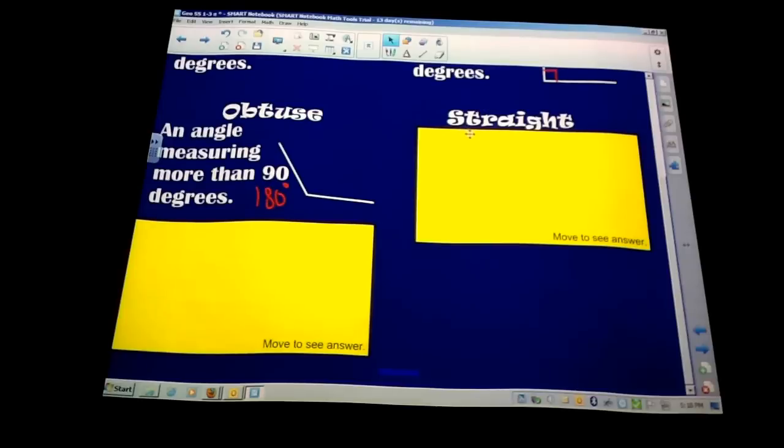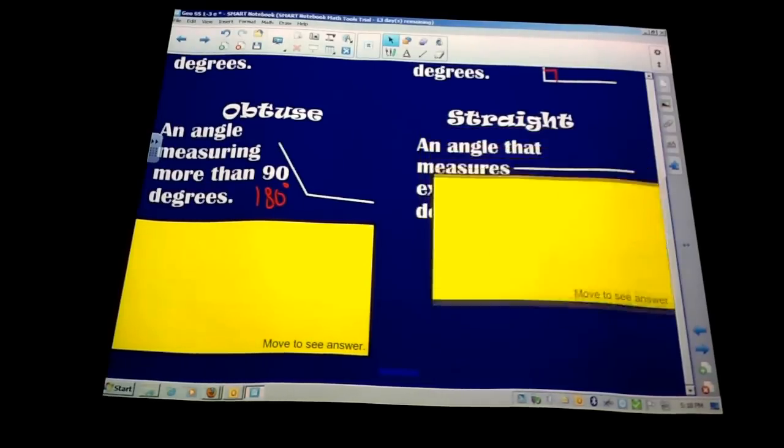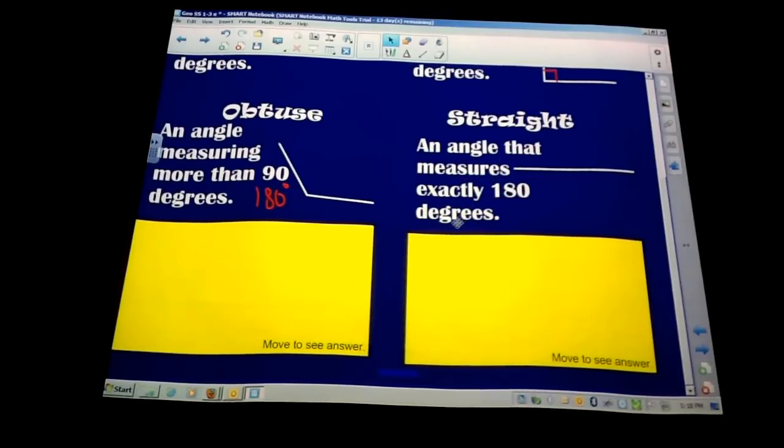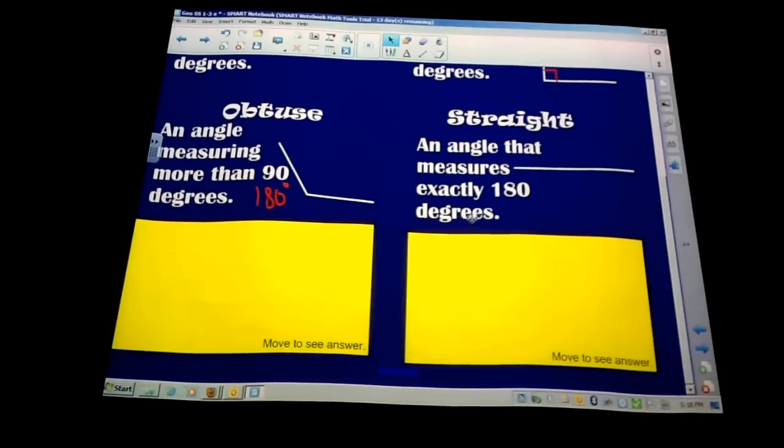Well, a straight angle is just a straight line. It's going to have one ray pointing at 0 and one ray pointing at 180, thus making a straight line which measures exactly 180 degrees. So any straight line is a straight angle which measures 180 degrees.